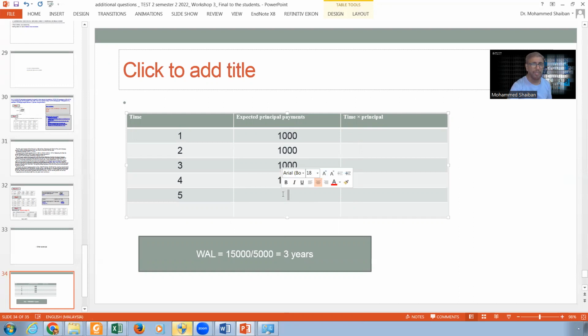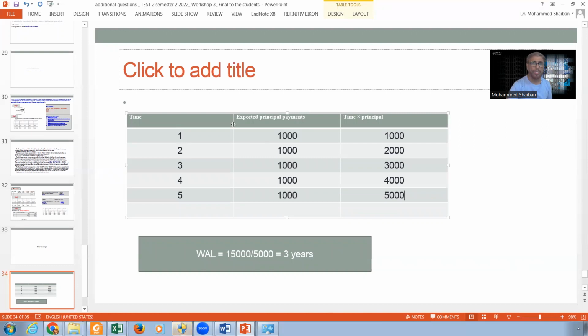This is like what we talked about a little bit when we talked about the duration model. So here are the payments every year, and this is the payment time t. You multiply this by this. So this is 1,000, this is 2,000 because 1 times 2, this is 3,000 because 3 times 1,000, this is 1,000 times 4, which is 4,000, and this is 5,000.